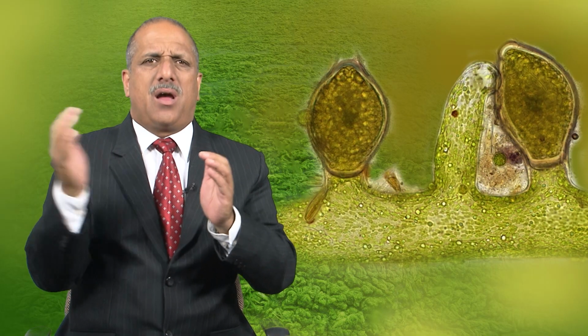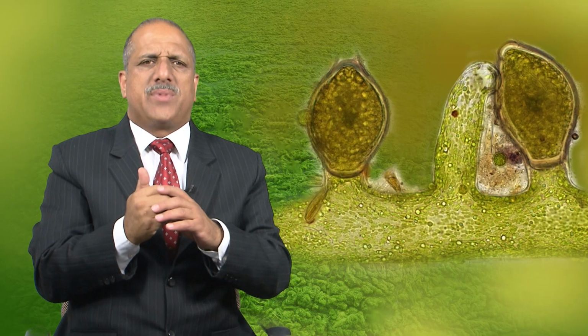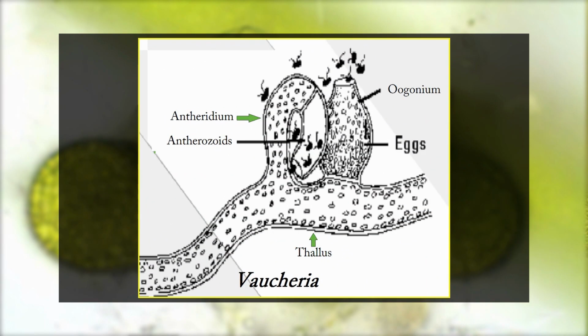Simultaneously, a large number of antherozoids are liberated from the adjacent antheridium. A drop of colorless cytoplasm comes out of the beak of the egg, and a number of antherozoids get entangled in the drop.